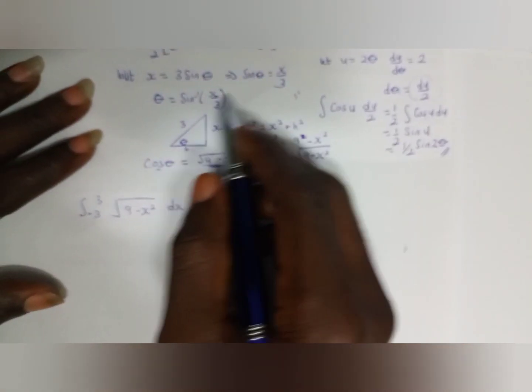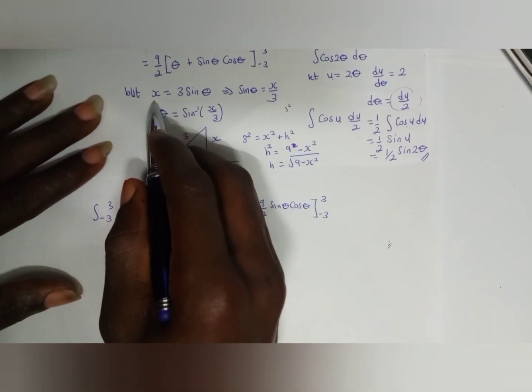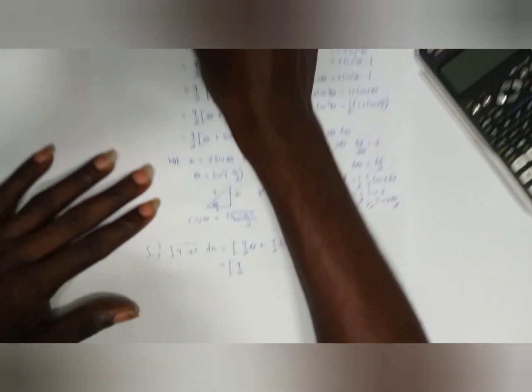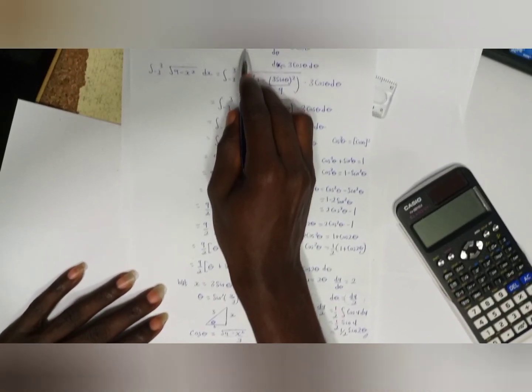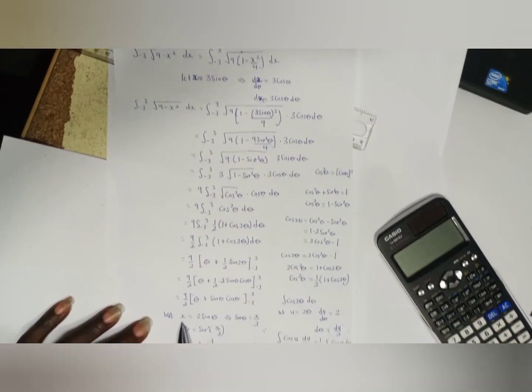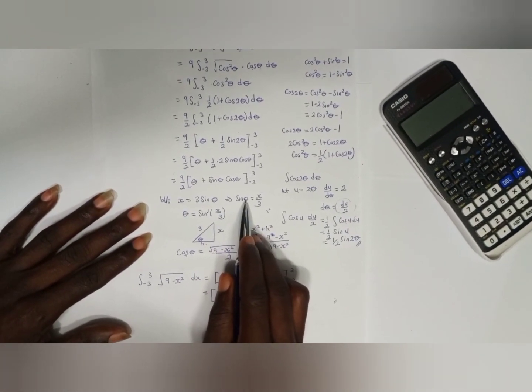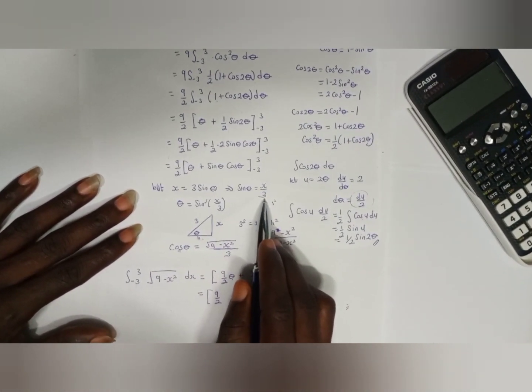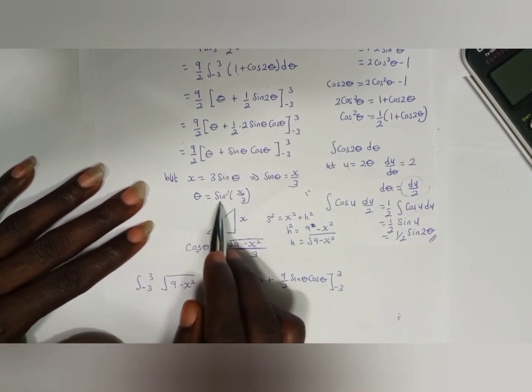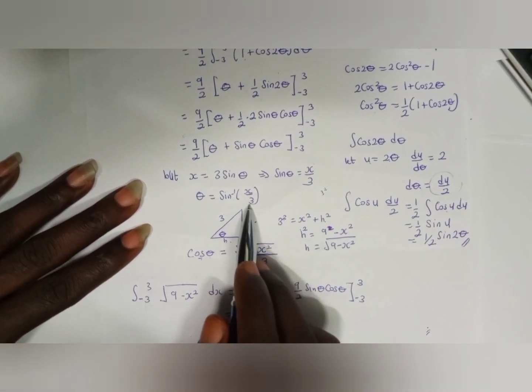We know that from x equals 3 sine theta, sine theta equals x out of 3. So our theta is sine inverse of x out of 3.